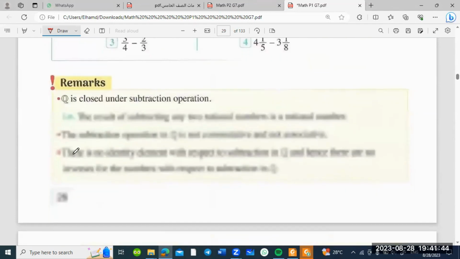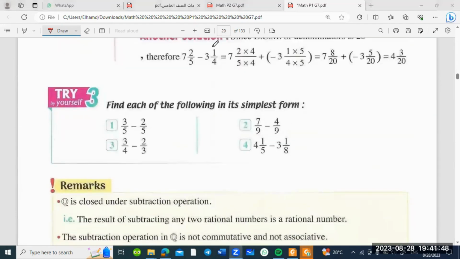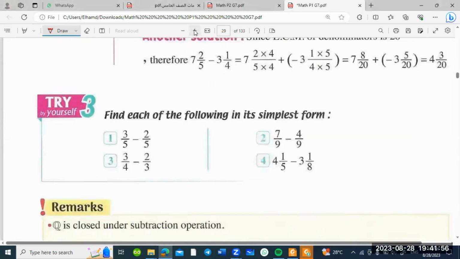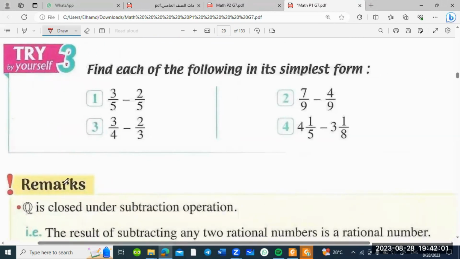Yes, page 28. Do with me the first one. Go ahead. 3 over 5 minus 2 over 5.